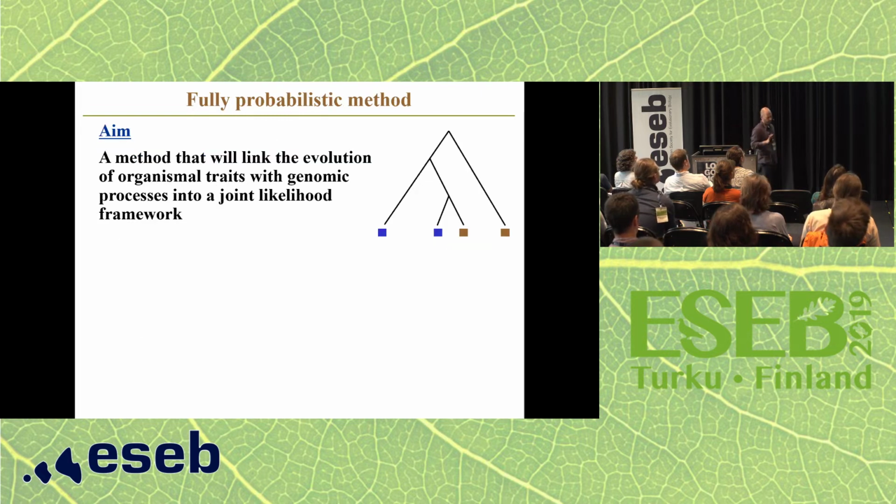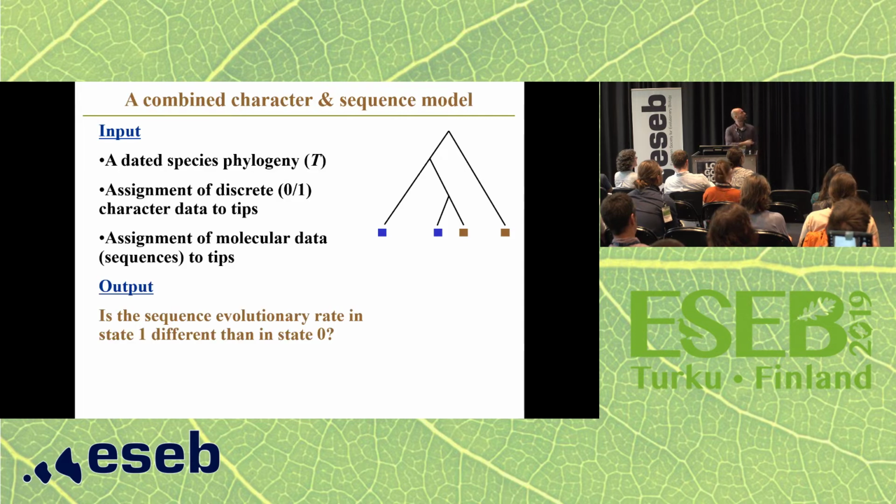Okay, so the aim of the framework that I will present today is to unite the evolution of character traits with the evolution of the sequences or the molecular data that we analyze. So we assume that we are given a species phylogeny, and we are also given the trait data at the tips of the tree.